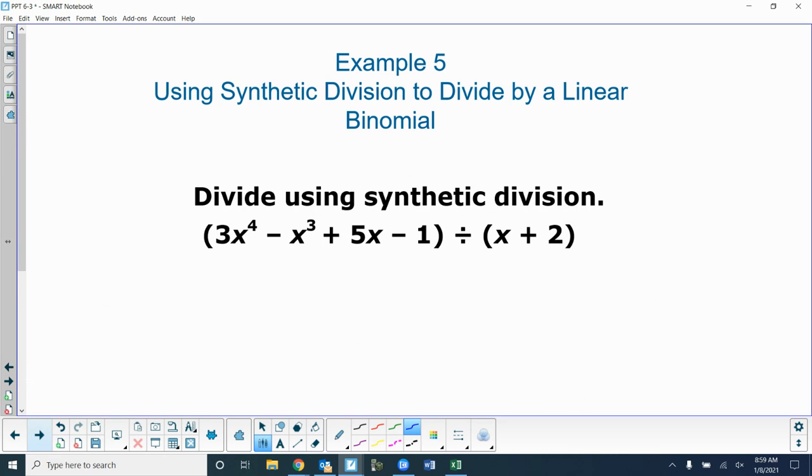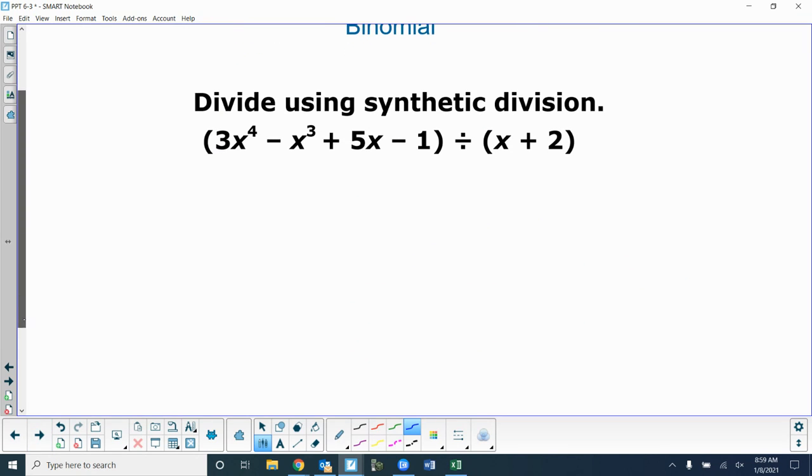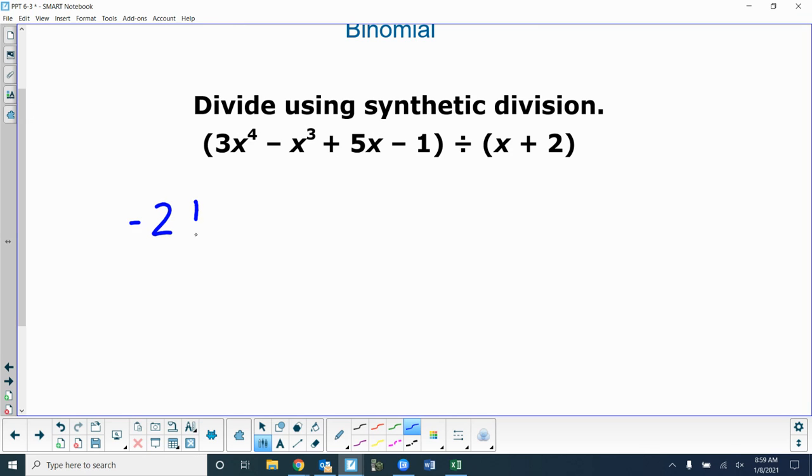All right. So what goes in my corner? Everyone okay with that? Then I need a 3. Then what? -1. 0. Good, Kate. Why? There's no x squared, right? You got to put a 0 in that spot. Then the 5.